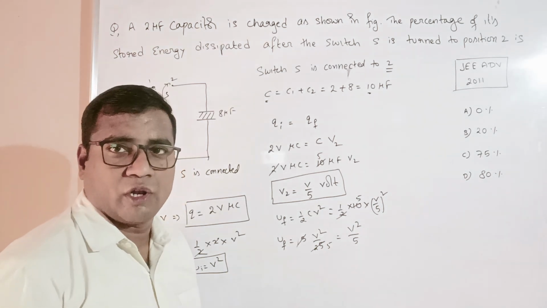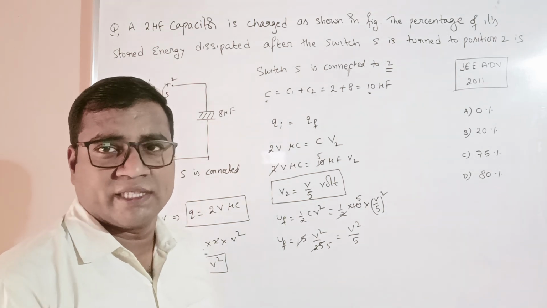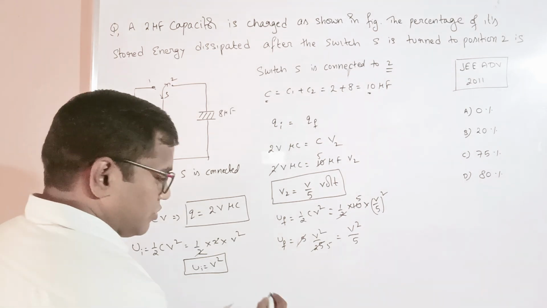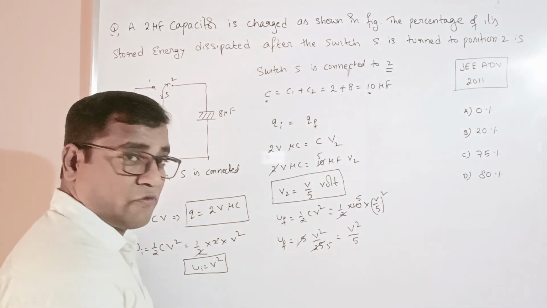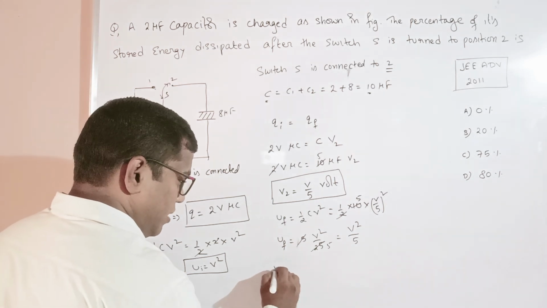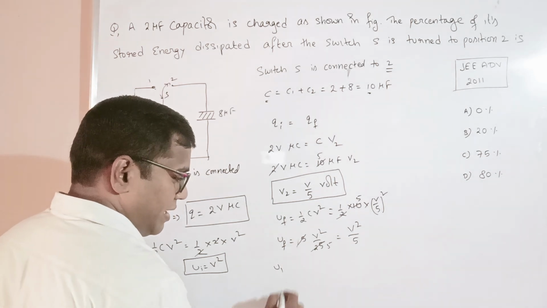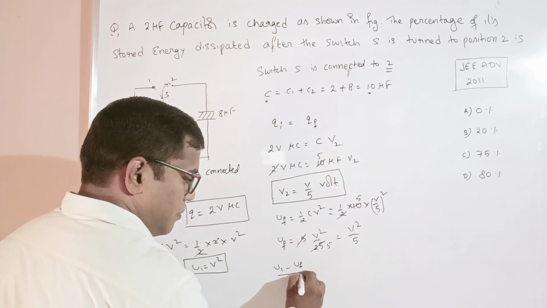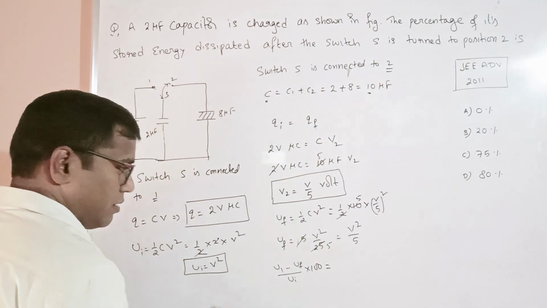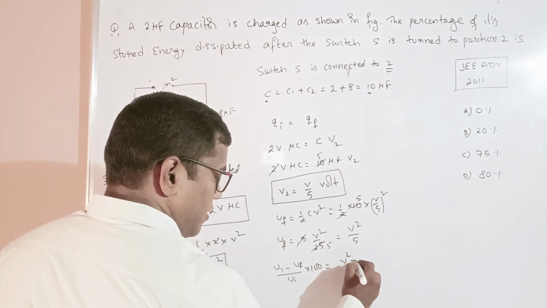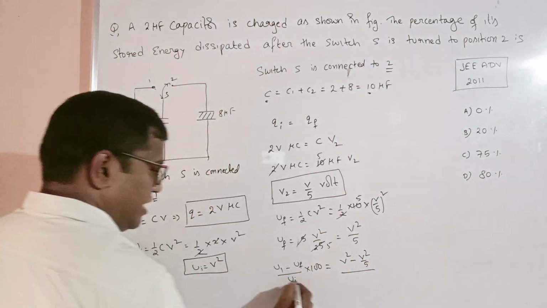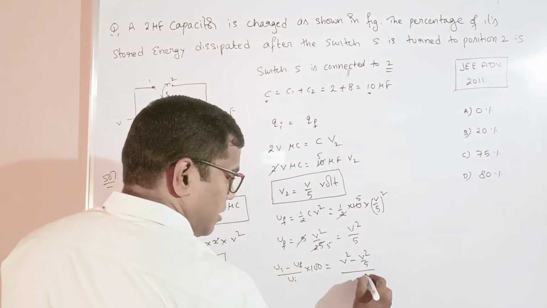So there is some loss of energy, which is dissipated in the form of heat. To calculate the percentage loss of energy: UI minus UF by UI into 100. So V square minus V square by 5 upon the initial energy V square, into 100.